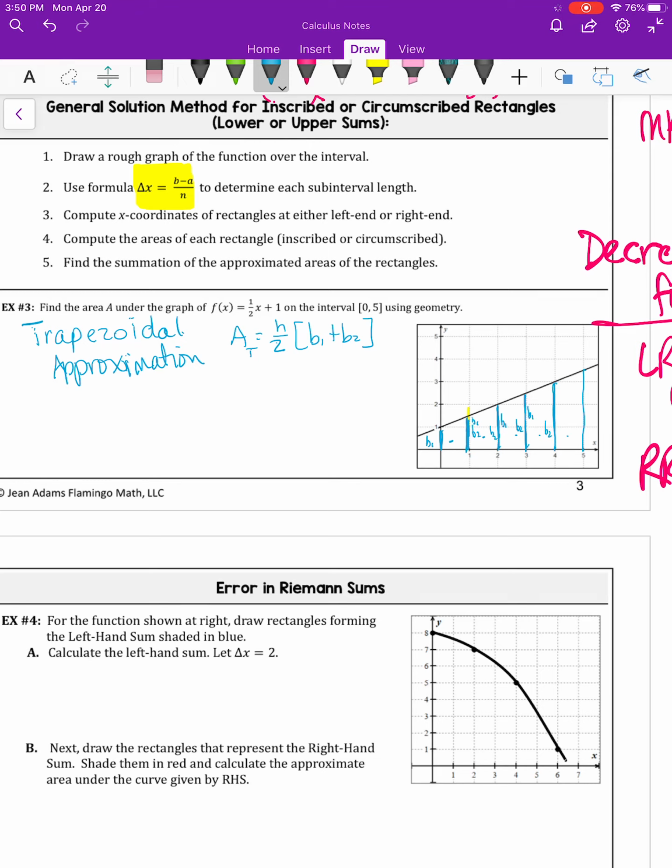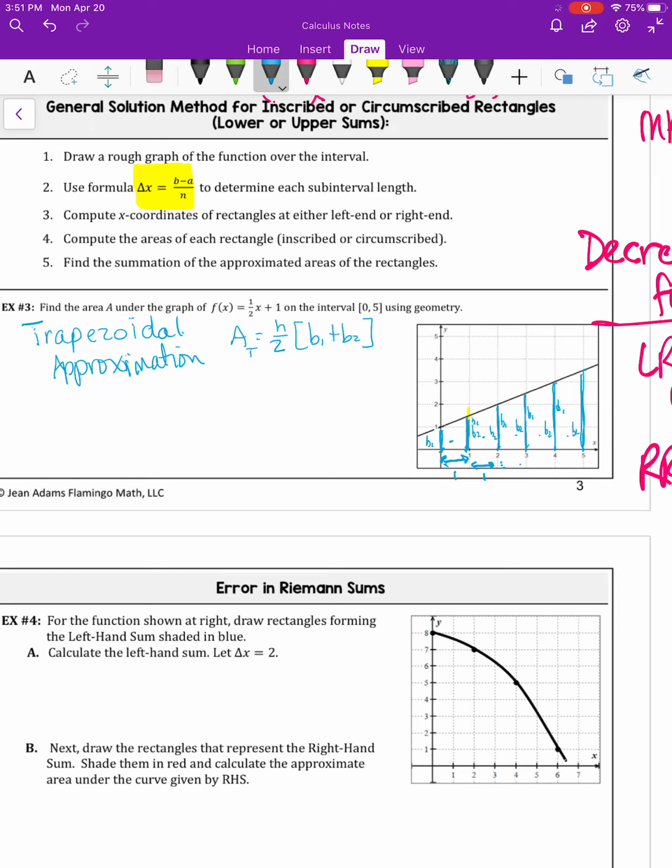Then the next one's base 1, and this one would be that one's base 2. And then this one would be base 1 for the next one, base 2 would be this one. This one would be base 1, and this would be base 2. And then this one would be base 1 for this one, and we have base 2 here.